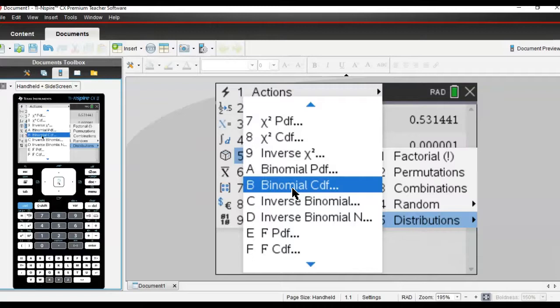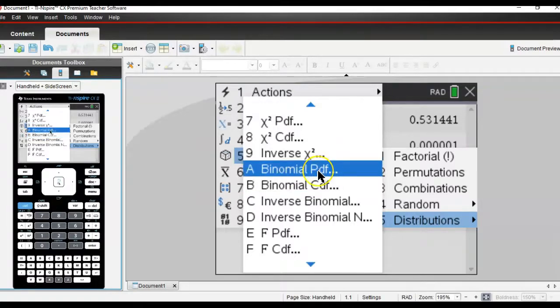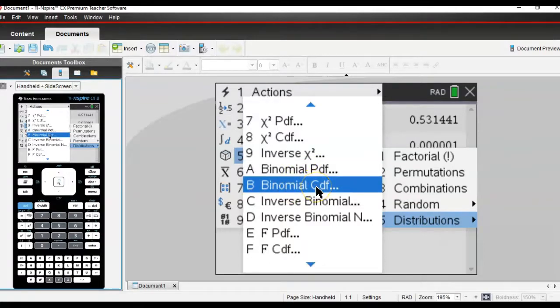Are you writing this down? Ladies and gentlemen, Binomial PDF is for calculating a single probability. The probability of 6 successes is a single probability. The probability of 0 successes is a single probability. Binomial CDF is cumulative. That's multiples added up. So when I say at least 4, that is cumulative. I want to go here.